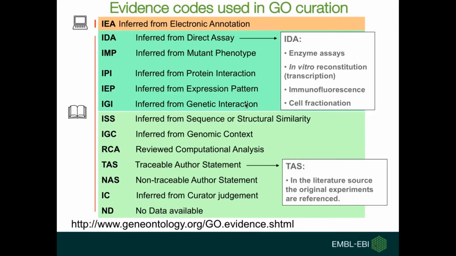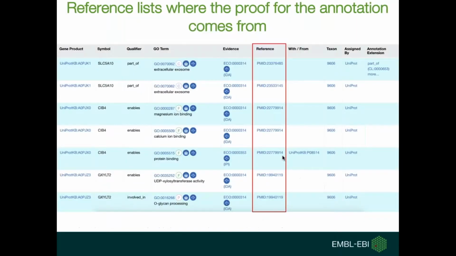It's usually when we read something in a paper, and we see that an author has cited a specific paper for making a statement, so we'll go ahead and capture that. But these terms in the lighter shade of green on the bottom half, we don't use as often. And they all map up to an evidence code ontology, which can be more specific to the experiment that was used to support that GO annotation.